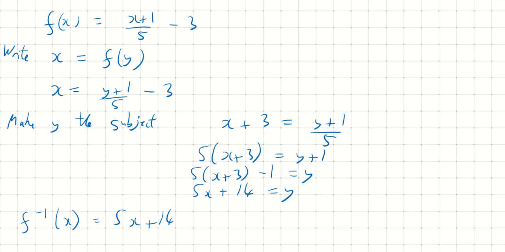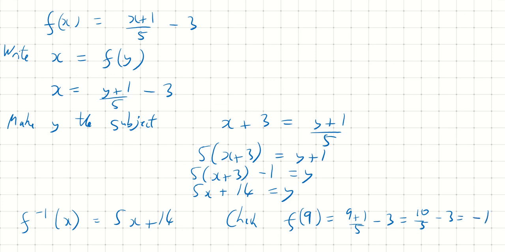And again, we can check this by trying an input for f(x) and seeing if the f^-1 gets us back to the start. So let's try f(9). Well, f(9) is (9 + 1)/5 - 3. That's 10/5 - 3 = 2 - 3 = -1.